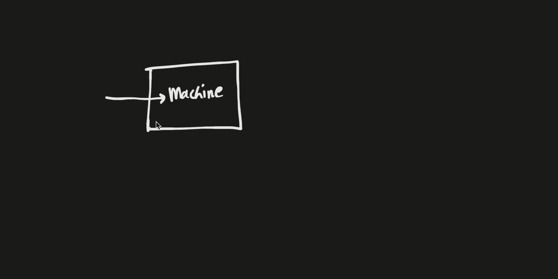So if we were to have some kind of a machine here, say it has inputs coming in, and then some process occurs here, and then there are outputs that come out. So you have some inputs and you get some outputs.